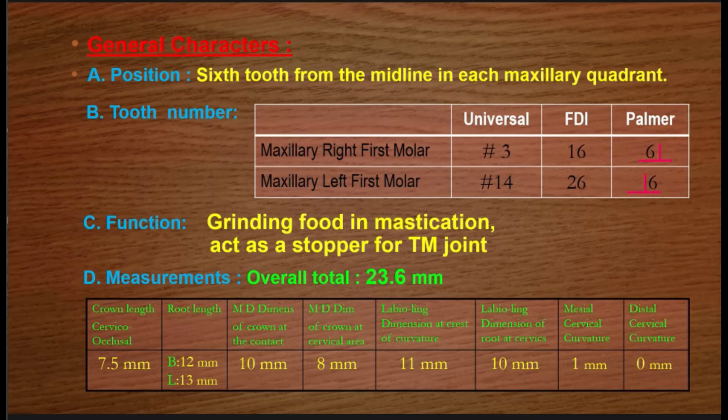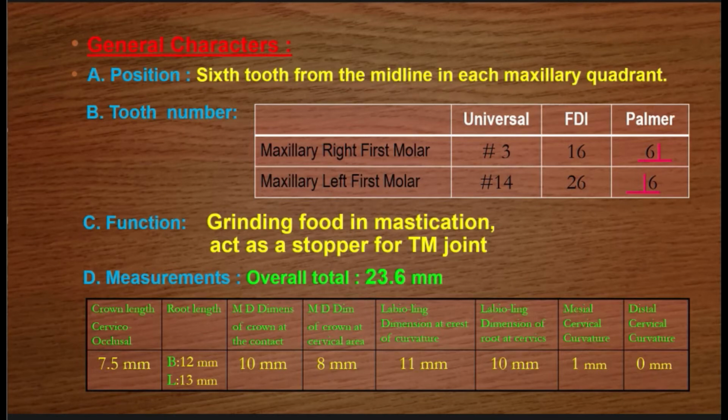You see how short the tooth is, whereas the incisor was about 10.5 millimeter and the canine was 11 millimeter. But here it is only 7.5 millimeter. Root length, buccal roots are usually 12 millimeter. Lingual root is about 13 millimeter. Lingual root is also known as palatal root. In the upper jaw it is usually known as palatal root, but if you say lingual, it is also correct.